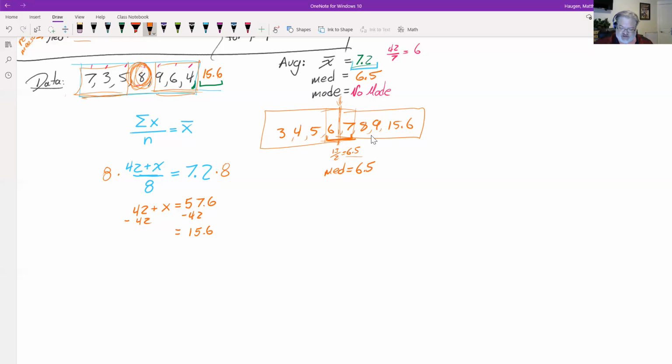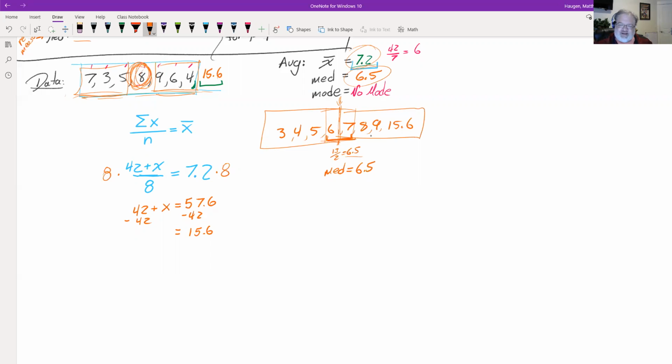Something else to notice here, we are trying to come up with a value that stands for the whole again. But notice that even though most of these are nice whole numbers, it's perfectly okay for our averages, even our median, to be decimal values. You know, the famous example is the average family has 2.5 kids, and a lot of jokes about having that half a kid you only care half as much about.